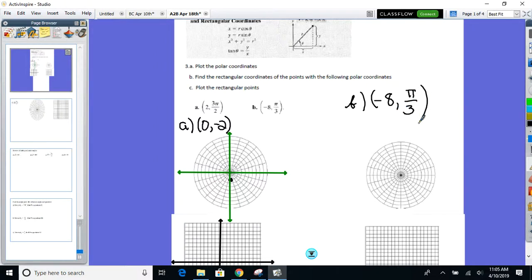-8. What are you thinking about? Opposite side. So first find out where pi over 3 is, which would be 4 pi over 12. Here's pi over 3. Got to go in the opposite direction. 8 units.